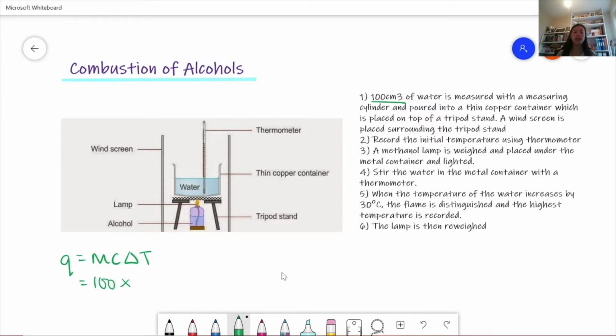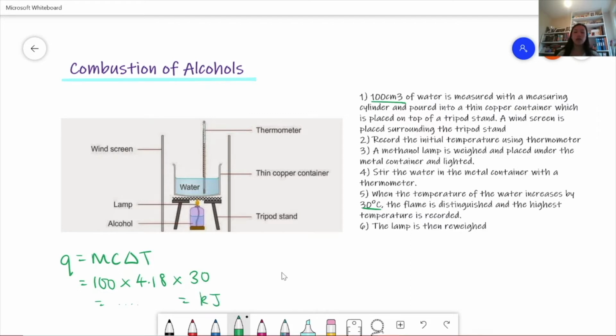So Q is always to do with water, or whatever is the thing that the heat energy is being raised or decreased in. So in most cases, Q will be to do with water. So then we'd have 4.18, which you don't need to remember, but that's the specific heat capacity of water. And then you'd have delta T, and delta T in this case would be 30 degrees Celsius, because that's how much it's changed by. So that comes to a certain amount, and then we convert it to kilojoules.